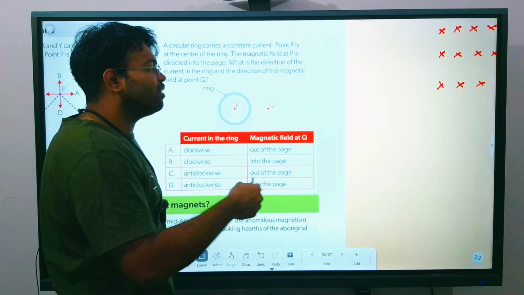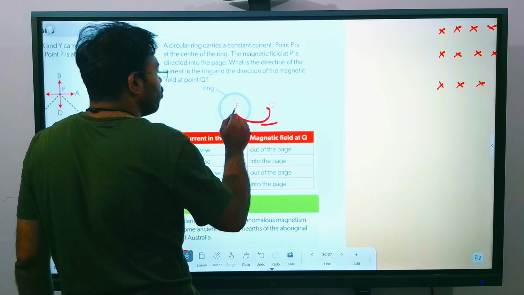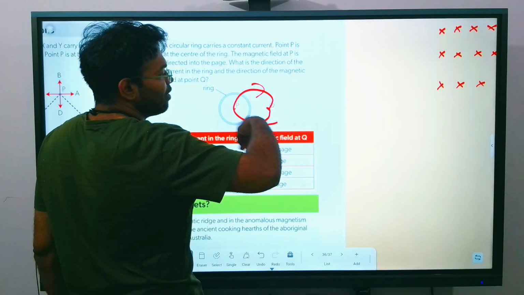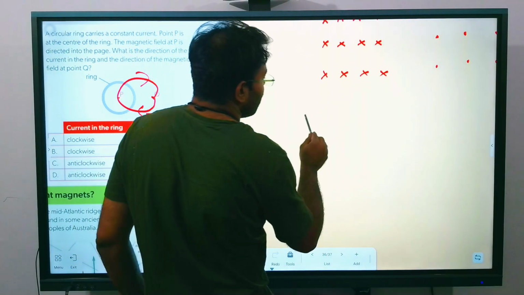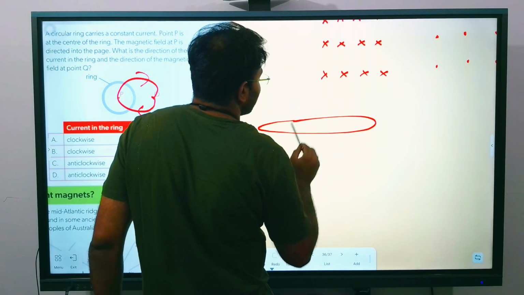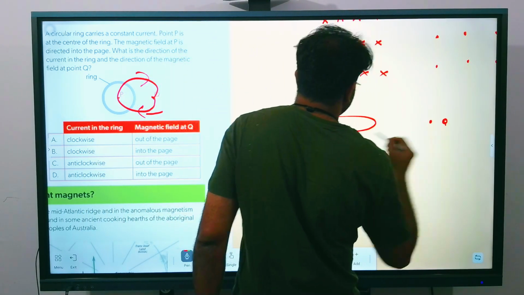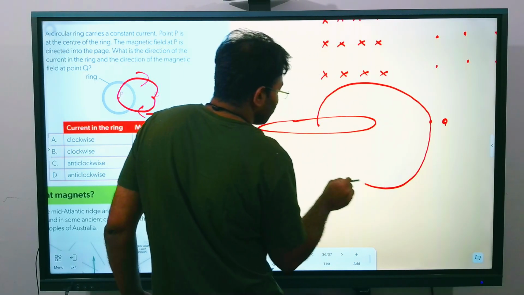Understood? So the magnetic field at this point will be outside. Outside, inside, like this. And the shape is really bad. I can show you a shape like this. See, if this is the point P and this is the point Q, then the magnetic field will come like this and go like this.